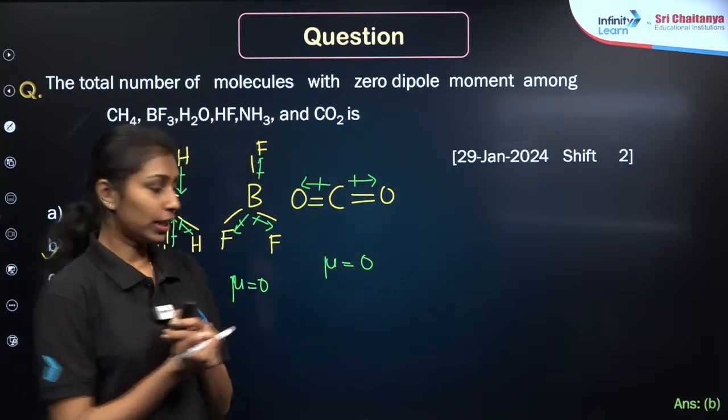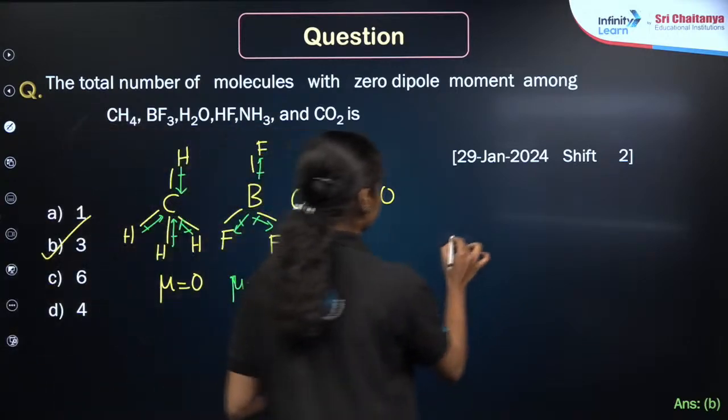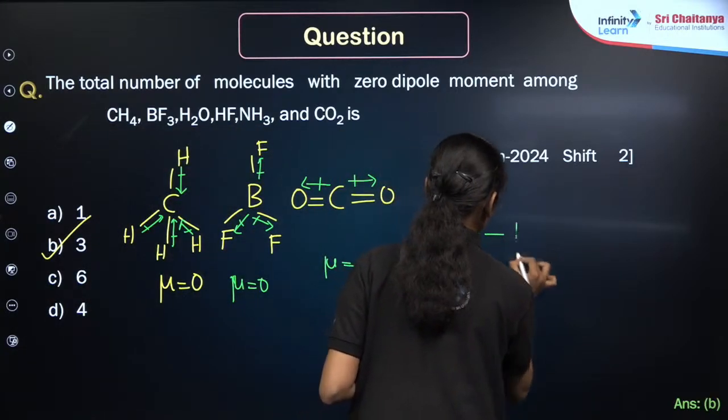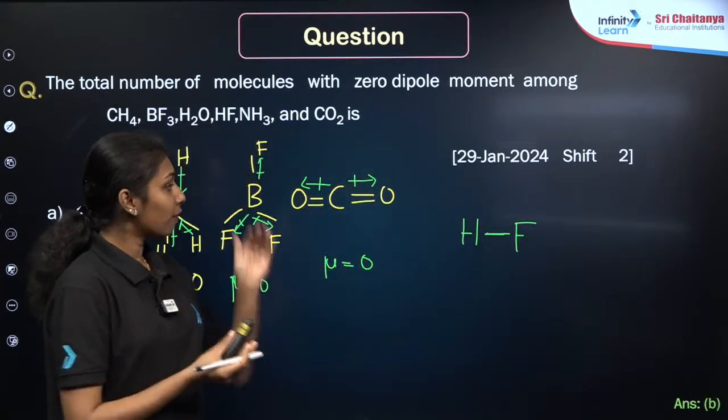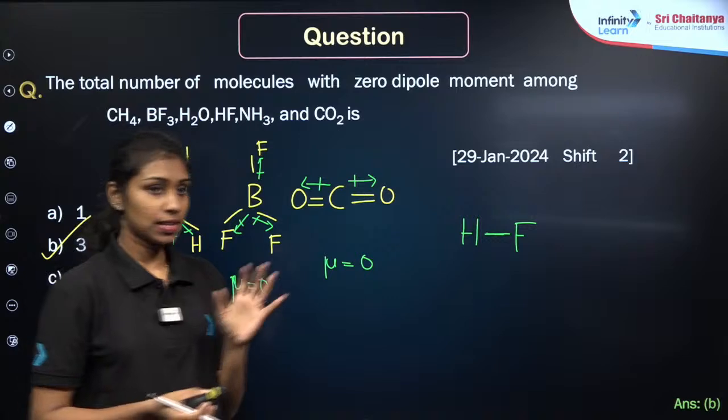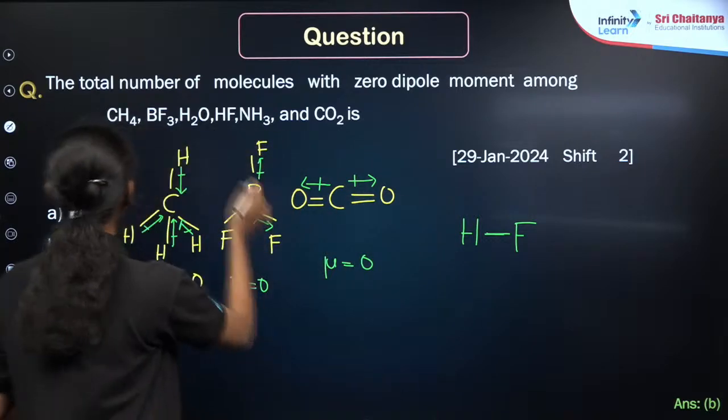Which molecule? HF, right? Okay. How we can predict the dipole moment here? Which atom is electronegative? How we can write the dipole moment like this?